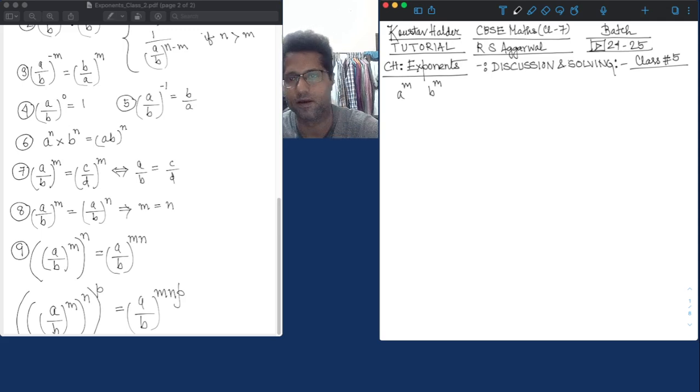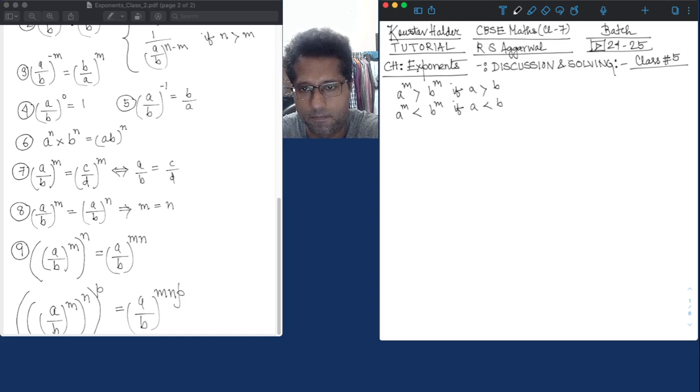If we have these two exponents where the exponent, that is the power, is the same, m, but the bases are different, then we say that a to the power m will be greater than b to the power m if a is greater than b, and similarly a to the power m will be less than b to the power m if a is less than b, and of course a to the power m will be equal to b to the power m if a equals b.